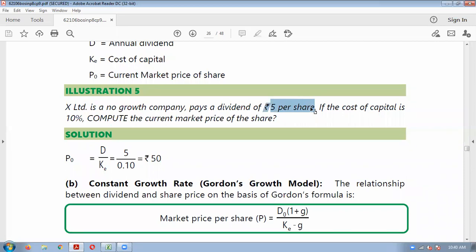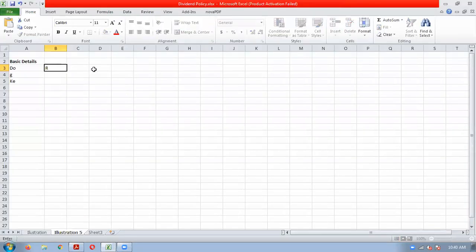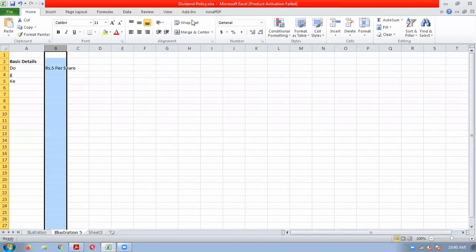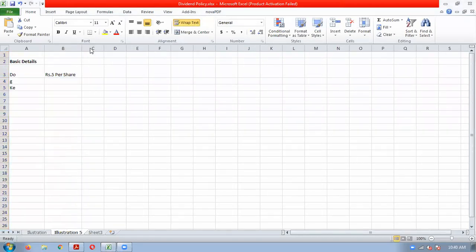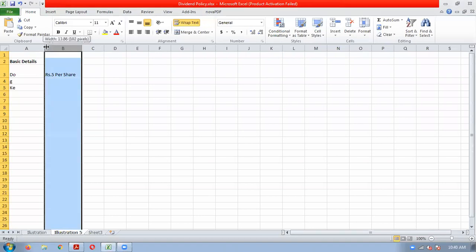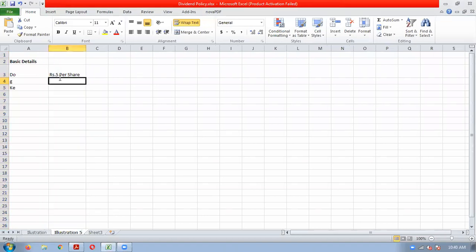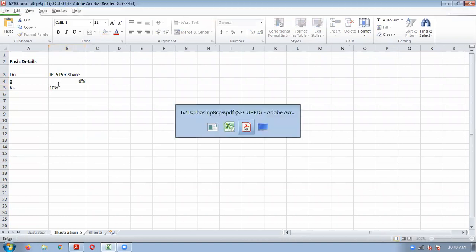D0 is rupees 5 per share. Growth is 0 percentage. K is 10 percentage. It is given in the question.